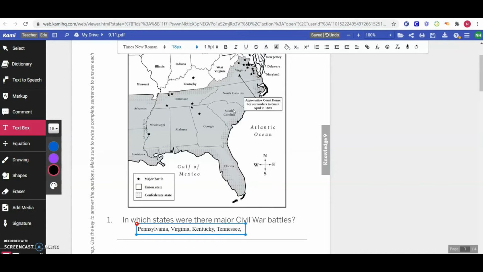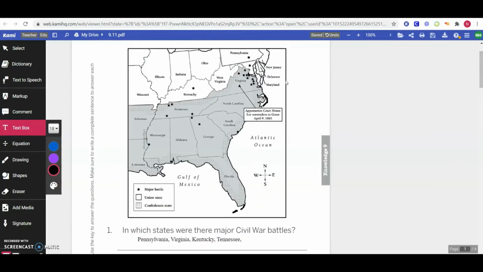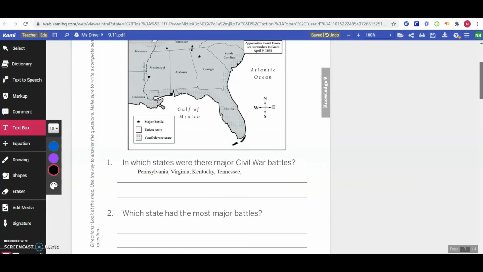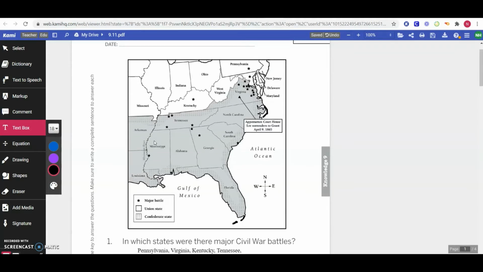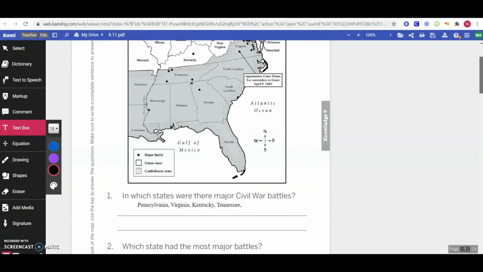There are stars in Georgia and in Mississippi. And there's one here in California. And one up here, if we look a little closer at our map, in Maryland. Go ahead and write those states on that very first question. I didn't write all of them, but write as many states as you see those stars in on that first question.